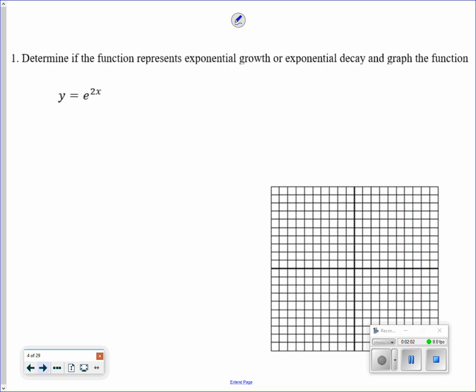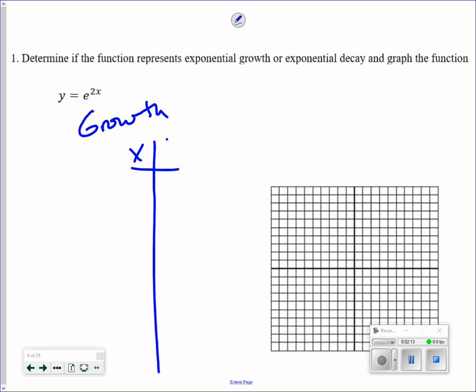Next one, again, because this is a positive value of x, you're going to talk about growth here. This one, you basically have to use a graphing calculator because you're going to find values of e. This is rounding to 2 decimal places.